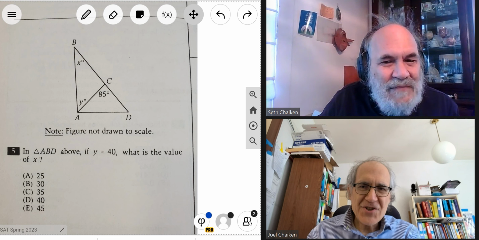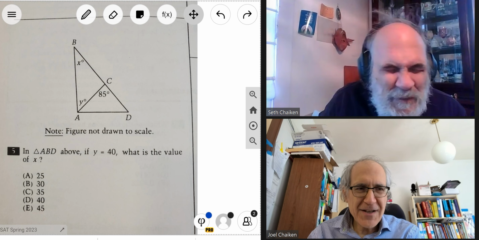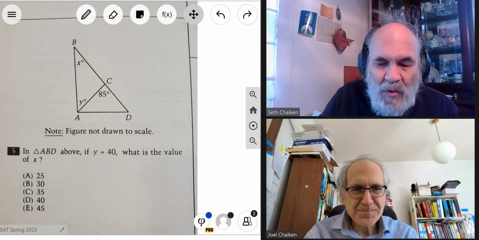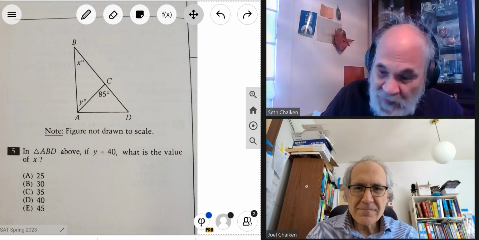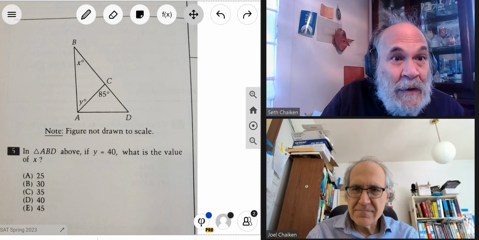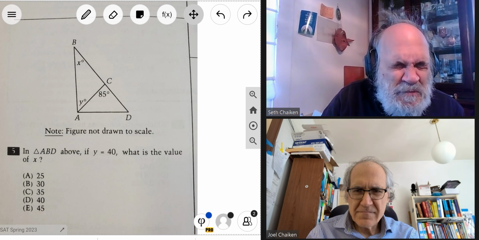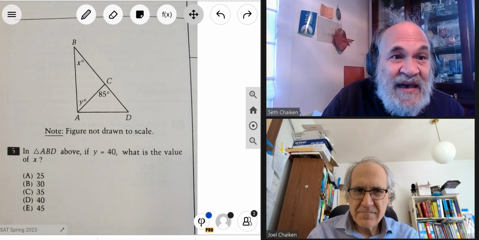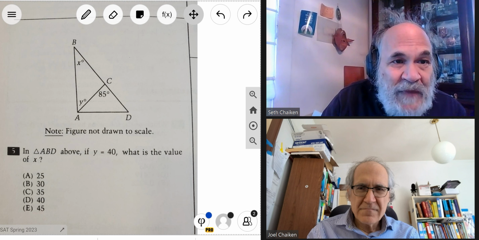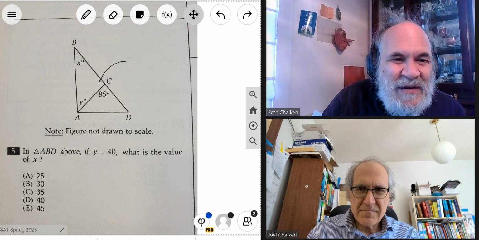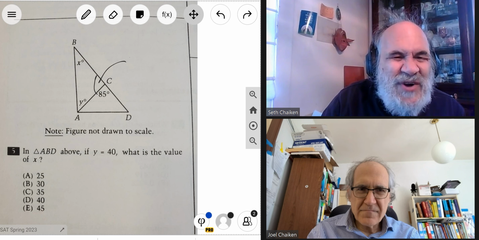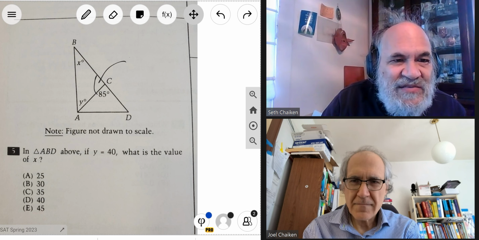Seth, this is obviously geometry. You want to give it a shot? Go ahead. When I first saw the problem, I saw that they want you to find the angle at B, and you're given information about angles at A and C. So the first thing I did was think about how to calculate the angle in this little triangle ACB.